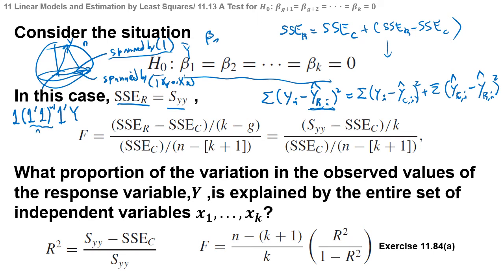So it is 1 transpose y over n, and 1 transpose y is the sum of yi, over n.